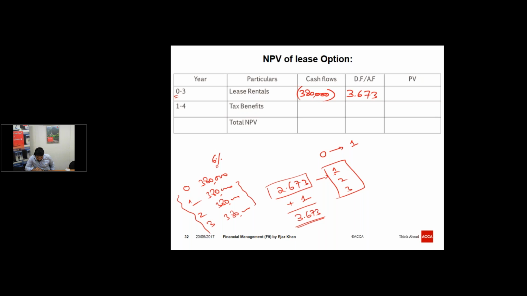But our cash flows also include the point 0 cash flow of 380,000. The annuity factor does not include this 0 cash flow, so we have to add 1 as the discount factor for the year 0 payment. It will make our total annuity factor 3.673.